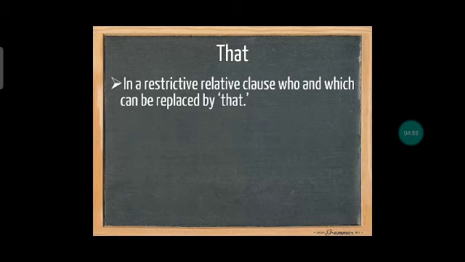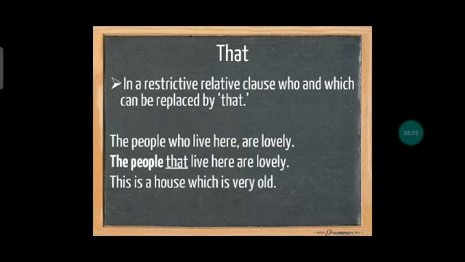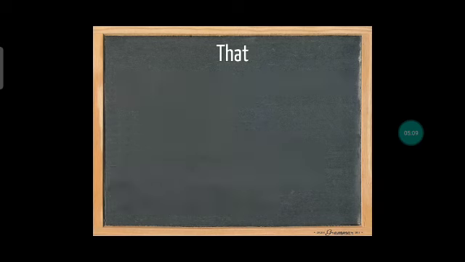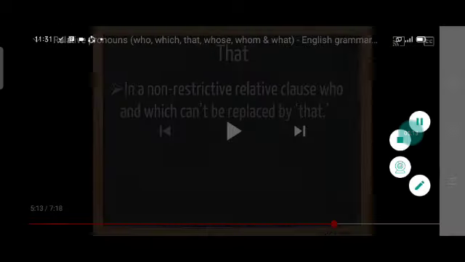In a restrictive relative clause, who and which can be replaced by that. For example, the people who live here are lovely. We can say the people that live here are lovely. Or this is a house which is very old. I can replace it with that.